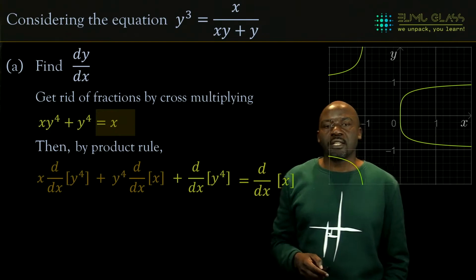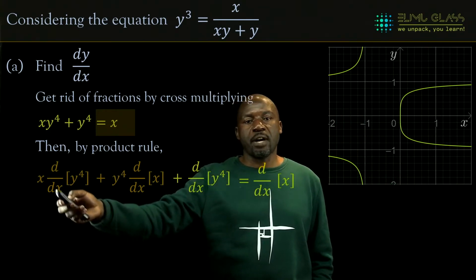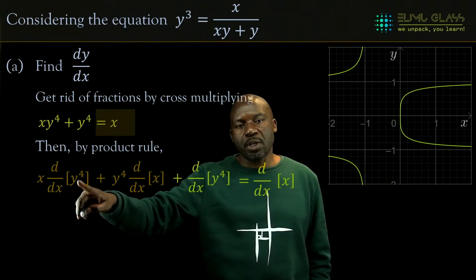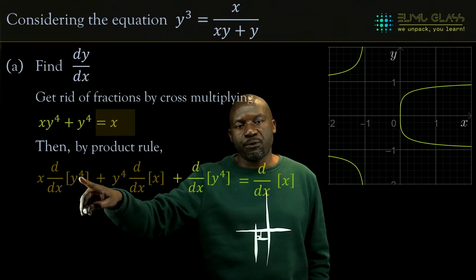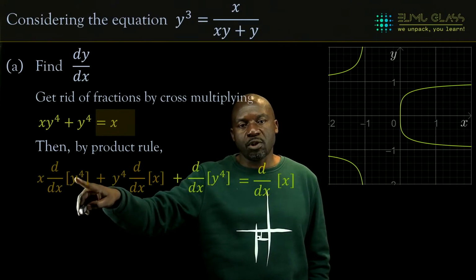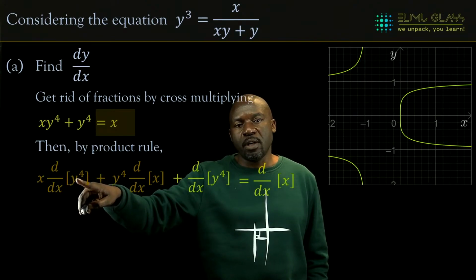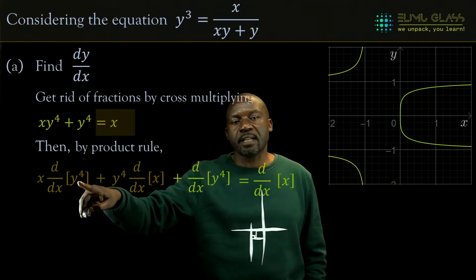Okay, that's easy to simplify now. If we simplify, we get x, and this becomes 4y to the power 3 dy by dx. So x times 4y cubed, and because we are differentiating with respect to a different variable, there has to be a residue remaining there, which is dy by dx.